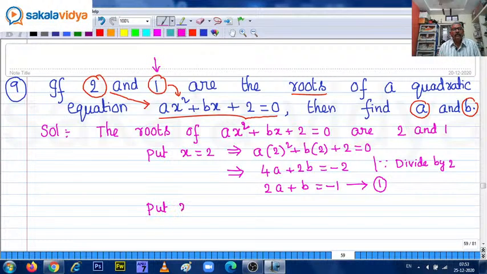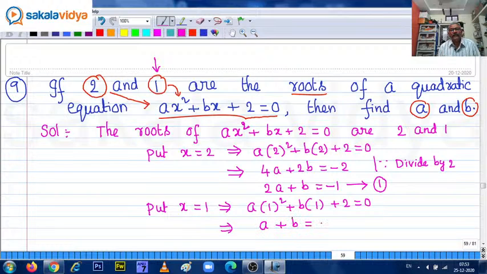So now put x is equal to 1. So that implies you get like this: a into 1 square plus b into 1 plus 2 equals to 0. Now we get like this: a plus b equals to negative 2. Say equation 2. Solving 1 and 2.